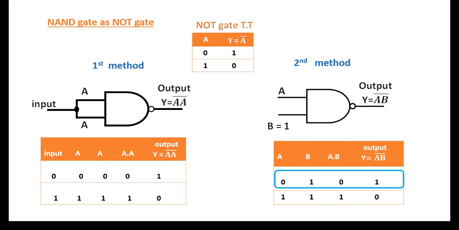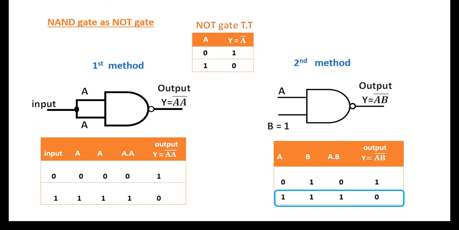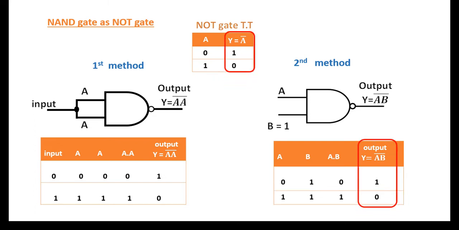B will remain high always, and A dot B will be 0 and its complement will be 1. Likewise, if the value of A is 1, 1 dot 1 will be 1 and its complement will be 0. This is exactly the same as the output of our NOT gate. So by this method also we have prepared the NOT gate from the NAND gate.